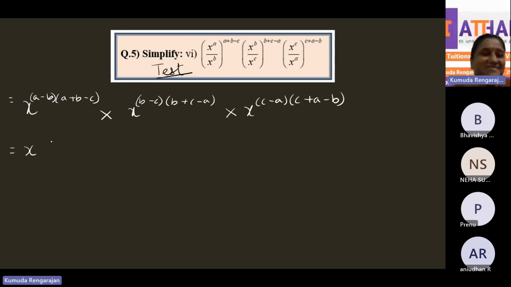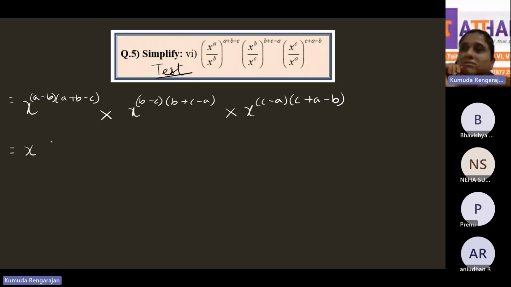Because a plus b into a minus b is a square minus b square, so a square minus b square minus c. Okay, then divided by.